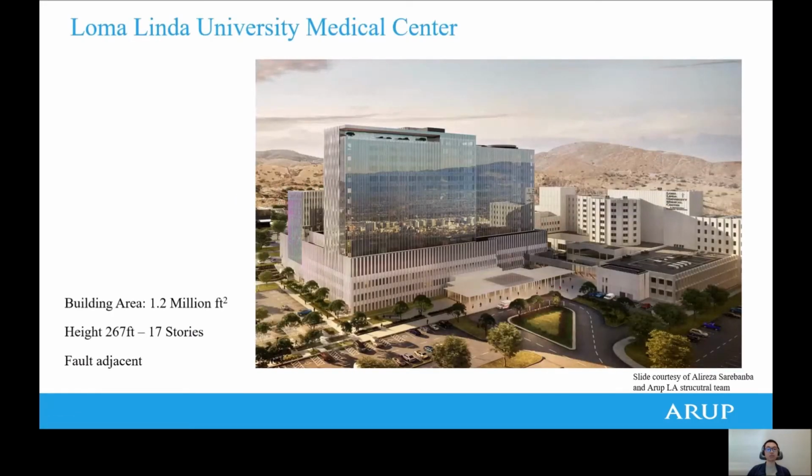The first project I'd like to talk about is the Loma Linda University Medical Center, as shown in this picture. This is a very large building with 17 stories, and it sits adjacent to an active fault in California, US, which has very high seismicity.